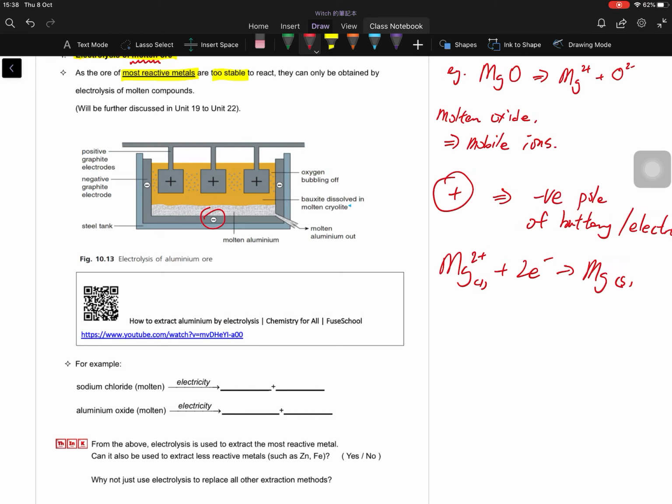And in our situation, we use aluminium. This is the same, right? The aluminium ion will come to the negative pole and become molten aluminium, turning back into the metal. On the other hand, how about the oxide ion? The oxide ion will, of course, go to the positive side, lose its extra electrons and turn back into oxygen gas.